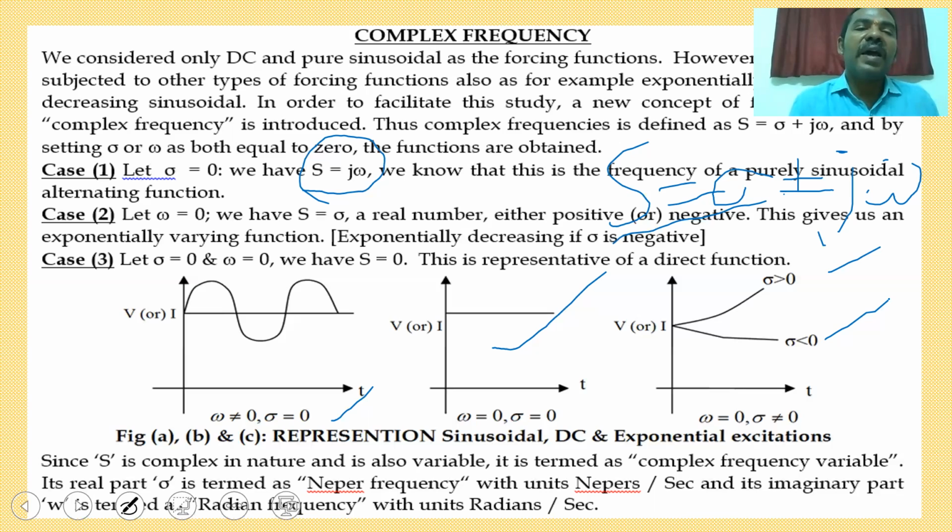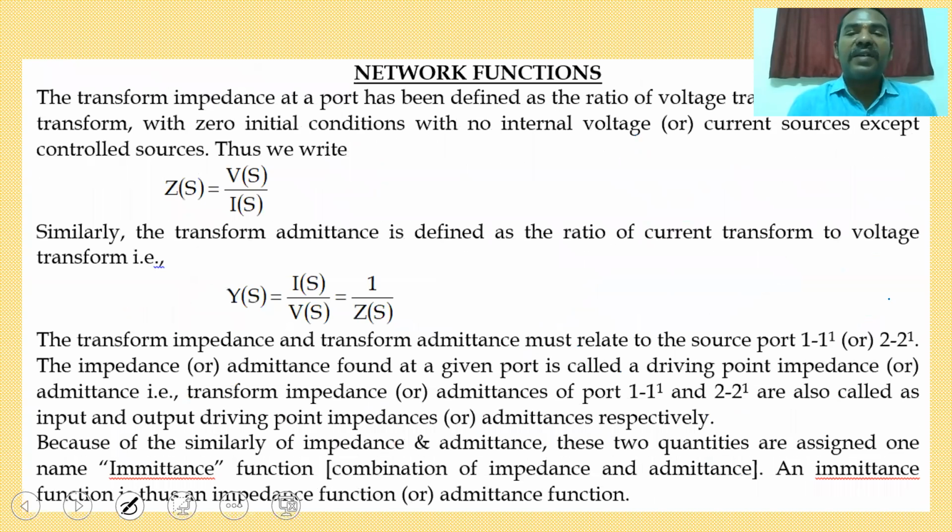Okay. Then coming to the network functions. So what is a network function? For finding the impedance, you take by Ohm's law, voltage divided by current. If you write the impedance, the voltage and the current in terms of the S domain, then you can call it a network function.